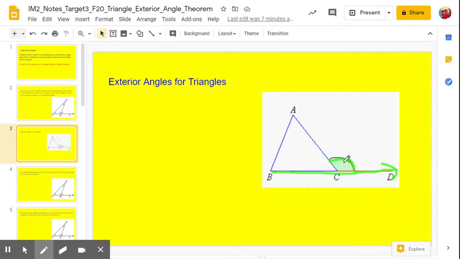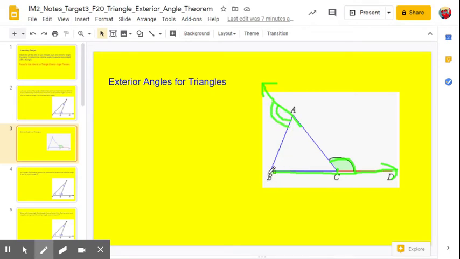With this exterior angle, the rules are now we can extend each segment of the triangle one time, and you can only have one extension per vertex. So we've already used vertex C. That means we can use vertex A, and I'm going to use segment AC. We're going to extend this out this way, and then you'd have another exterior angle here.